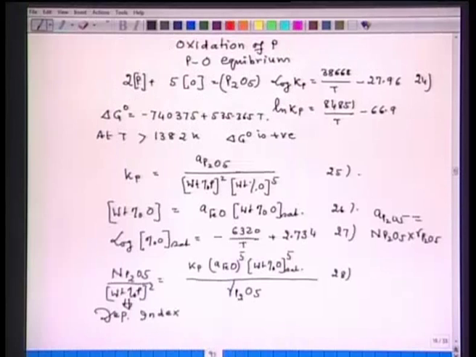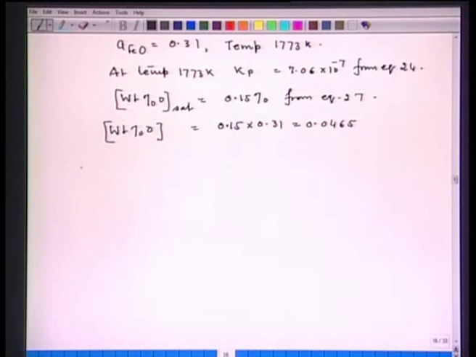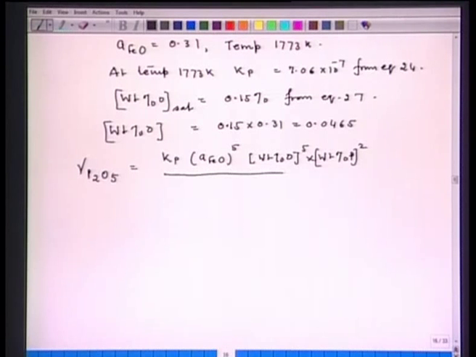Now if I substitute all these values into equation 28, I will get gamma P2O5 equal to Kp, activity of FeO to the power 5, wt percent O to the power 5, into wt percent P to the power square, upon Np2O5.